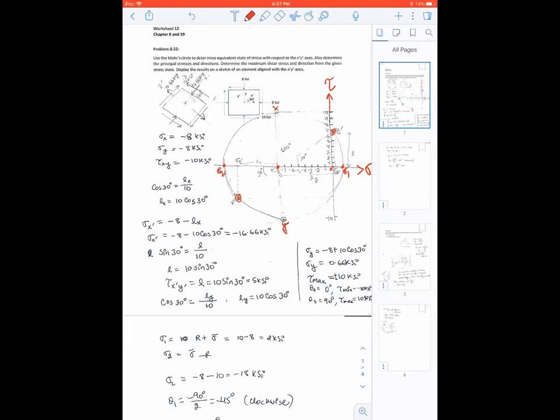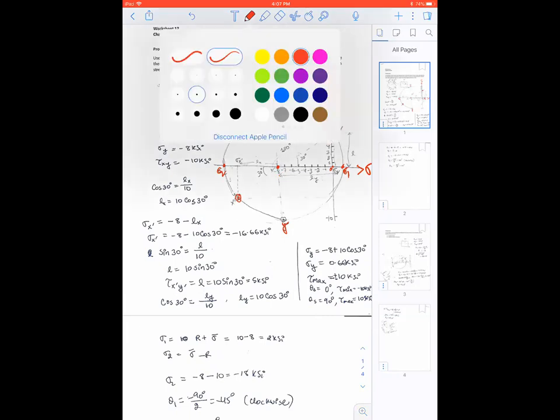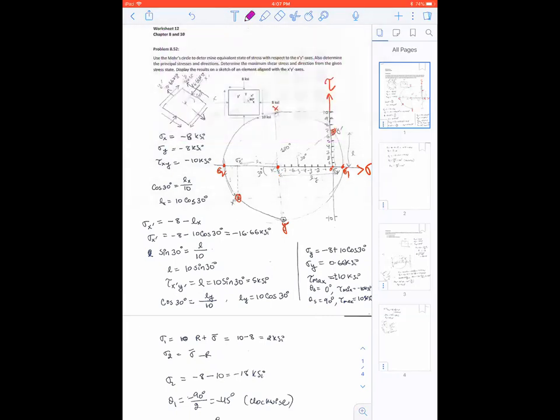So it's going to be total radius minus 8. 8 is going to be from here to here, whereas this is the radius, and this is 8. Okay, and the units are in KSI, so I should put the units KSI for both of them.